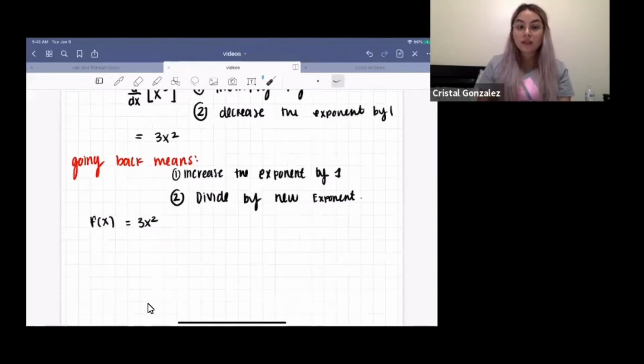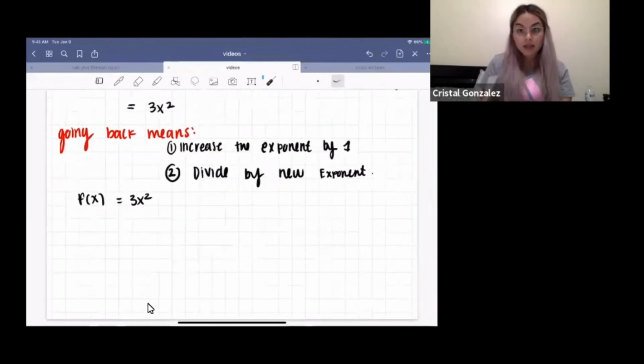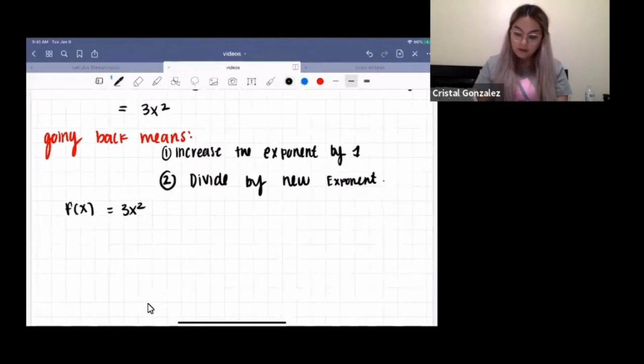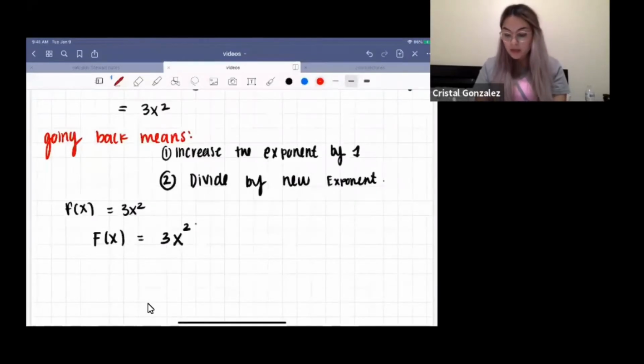So if I want to get the antiderivative of this, then according to what I just learned, I have to increase the exponent by 1. So I'm going to leave this 3 in the front, and do x to the 2, and I'm going to increase my exponent by 1. And then I'm going to divide by the new exponent, so I'm going to divide by 2 plus 1, which is 3.